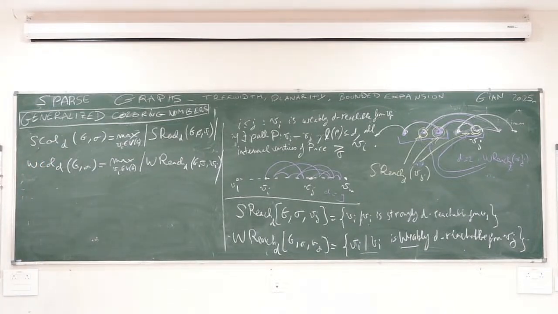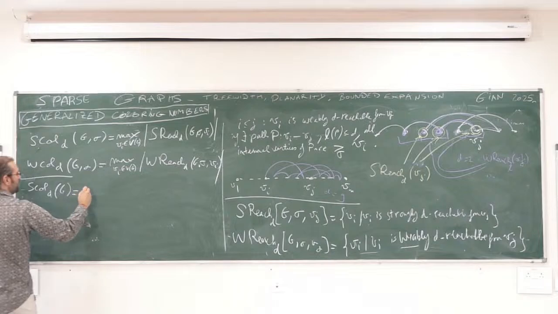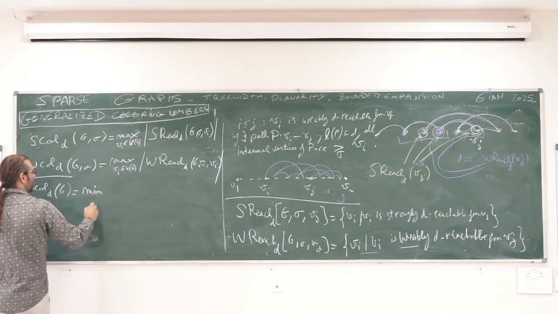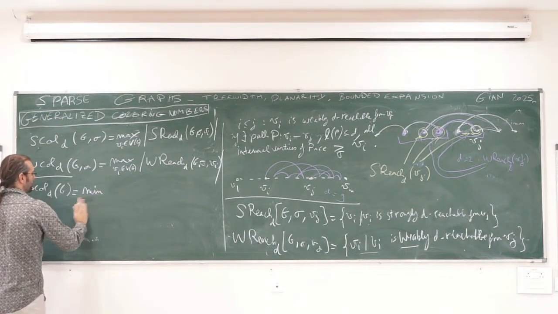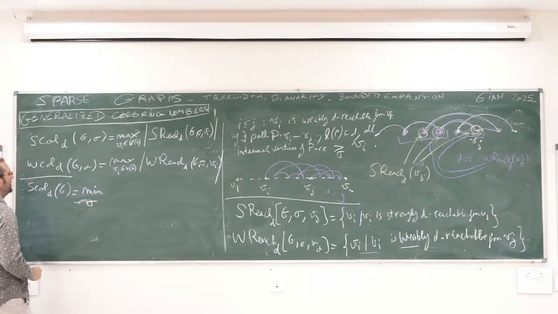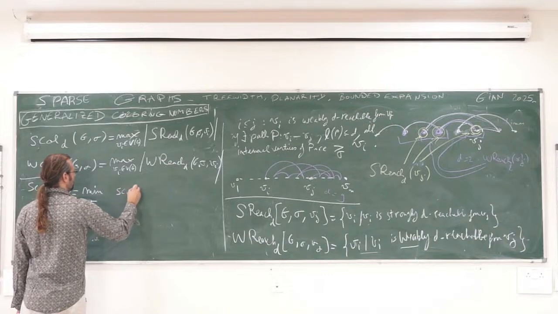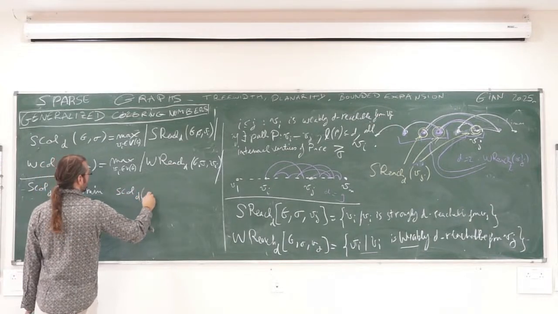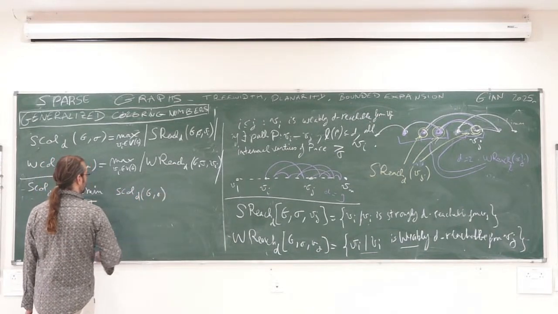Okay, and so now I can finally define my coloring numbers. I take the minimum over all possible orderings. The strong coloring number of G is the minimum over all orderings sigma of G of the strong coloring number of G, sigma.